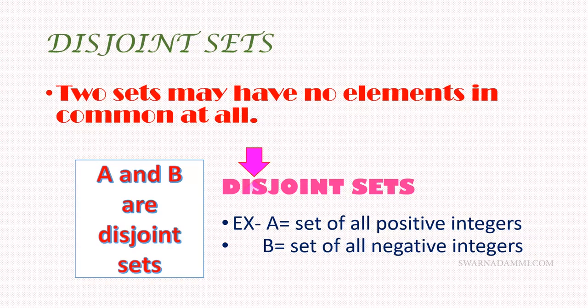A equals the set of all positive integers and B equals the set of all negative integers. A and B are disjoint sets because they have no common elements.